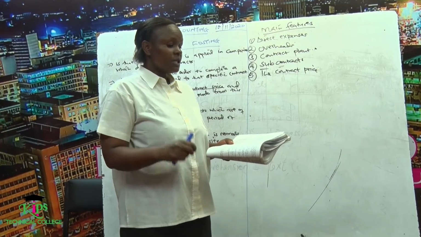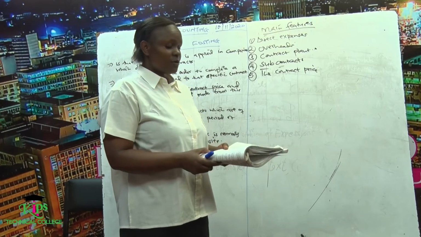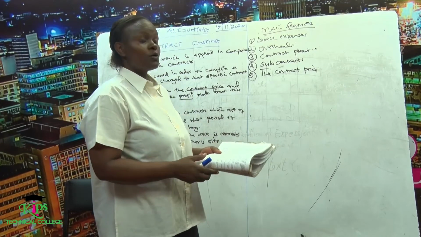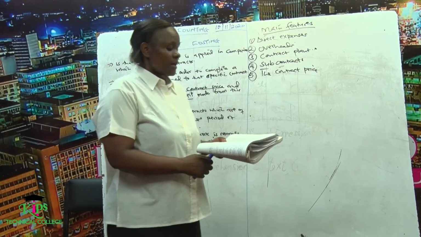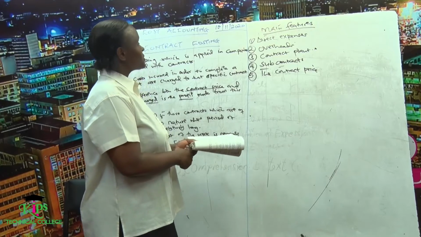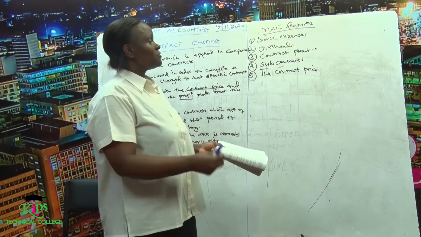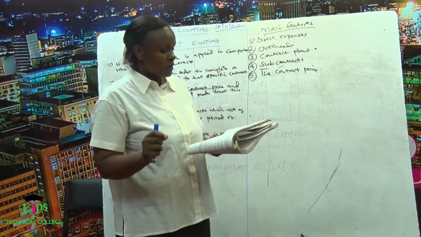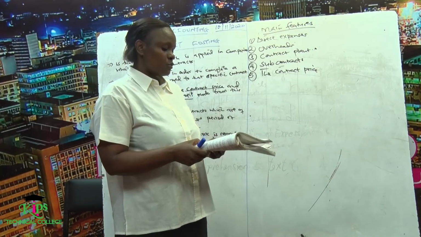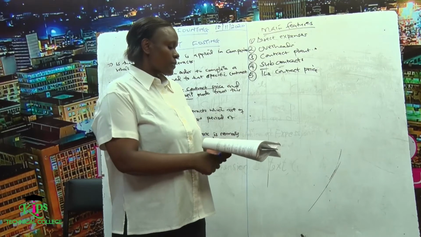Normally, the lowest quotation is accepted and the contract is awarded to the contractor who gives the lowest quotation. That is the amount to be paid for that contract.